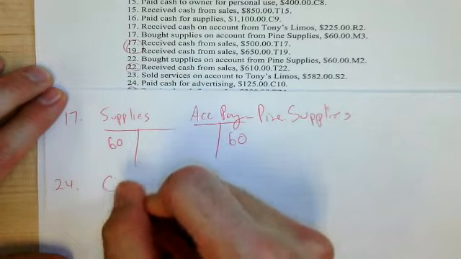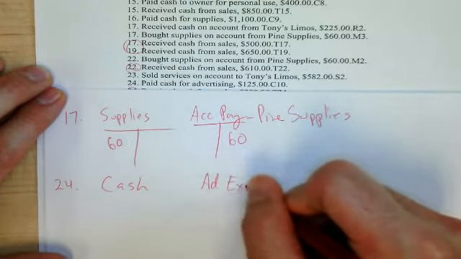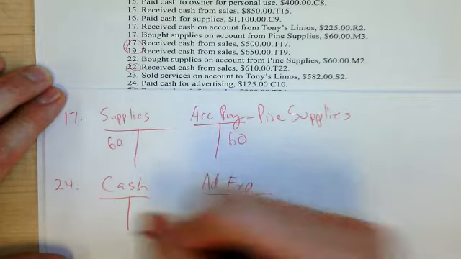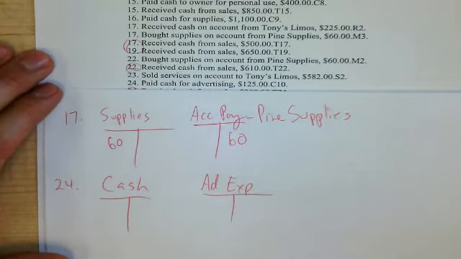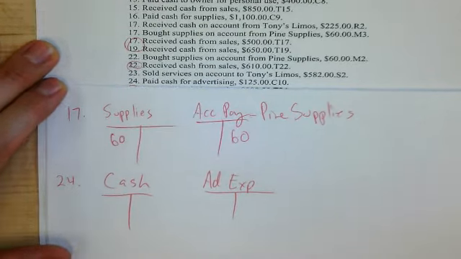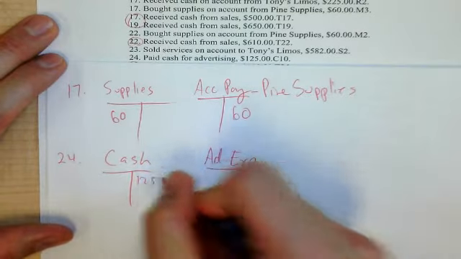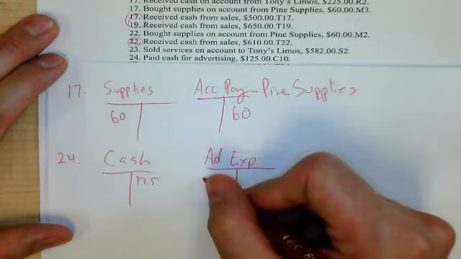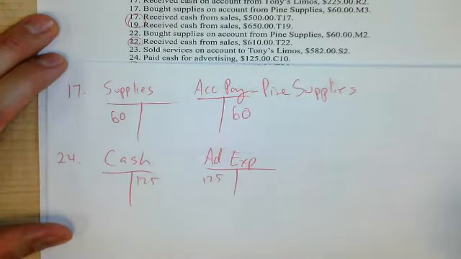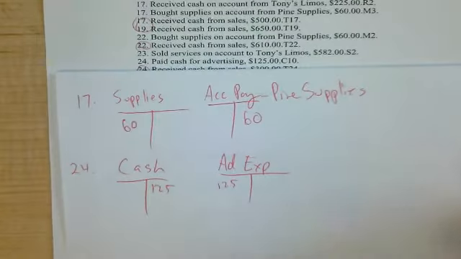We're going to have cash and advertising expense. It's $125. Who would like to walk me through it? Michael. Credited cash, and then debited advertising expense. You got it. Credit to cash, debit to advertising expense.